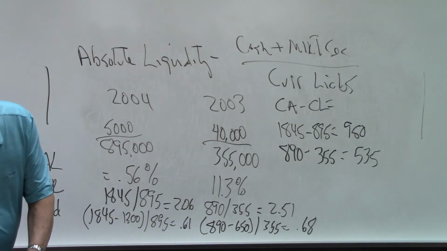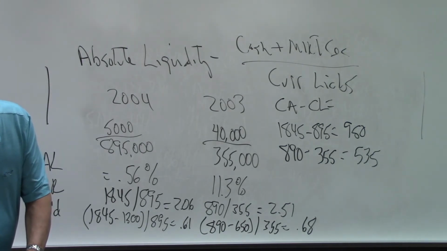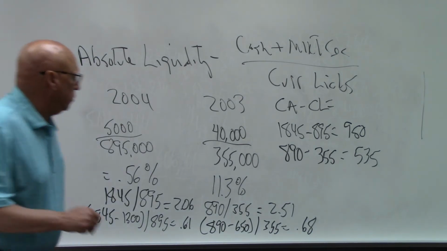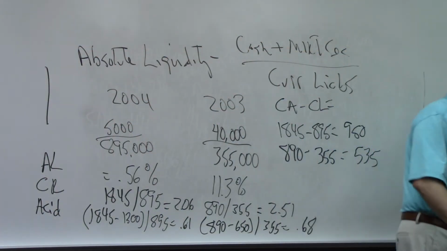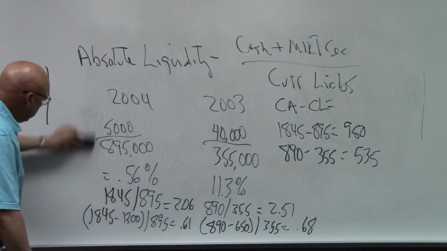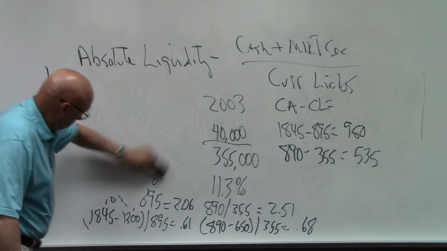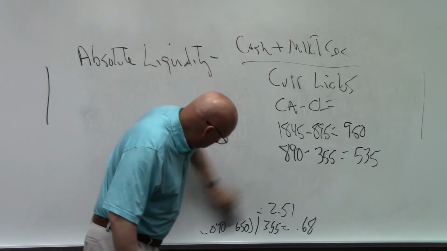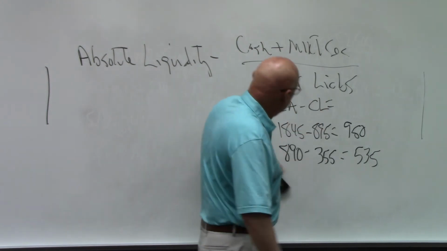All right. So let's move on to question 5. Measure the free cash flow of the firm. Question 5. All right. So let's erase this and do free cash flow.